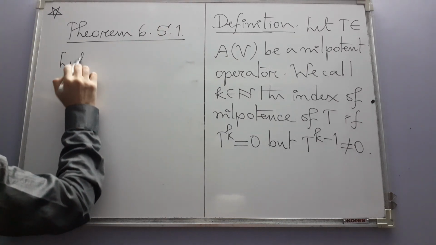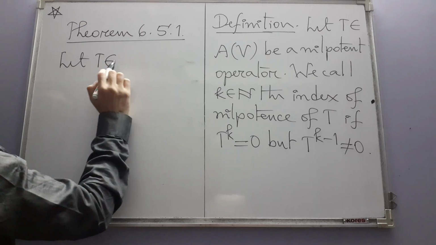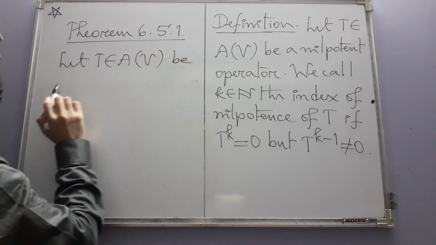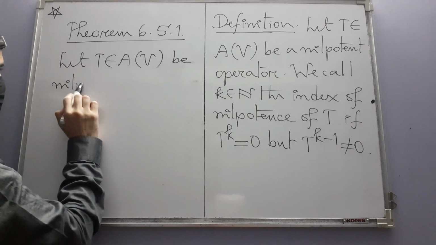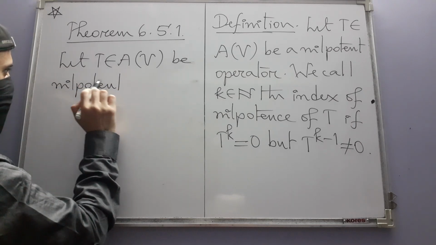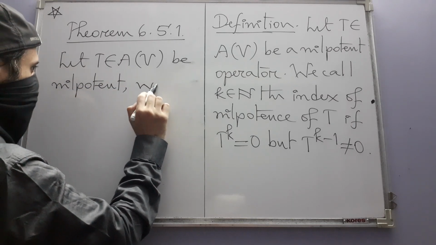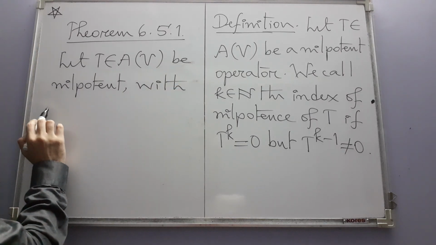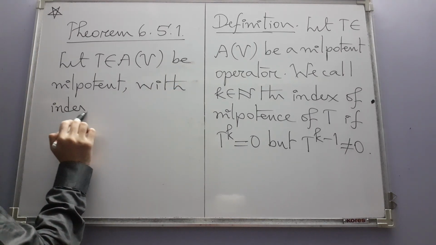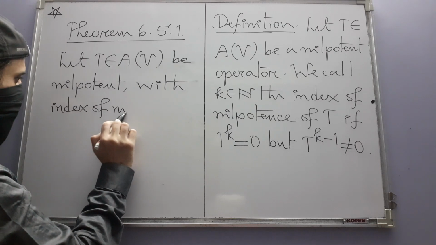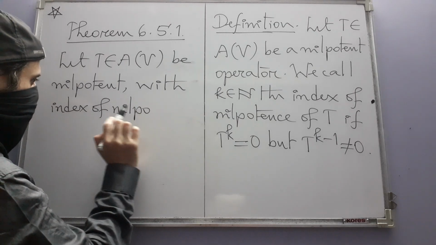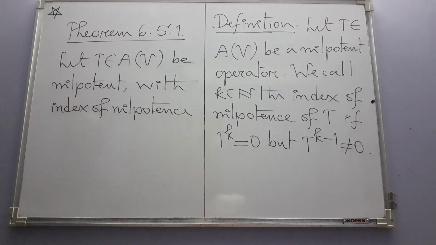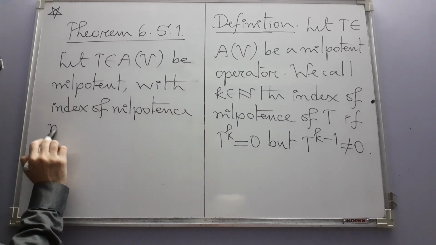Let T belonging to A of V be nilpotent with, it's not degree, it's index of nilpotence, I have to stick to the exact term, n1.